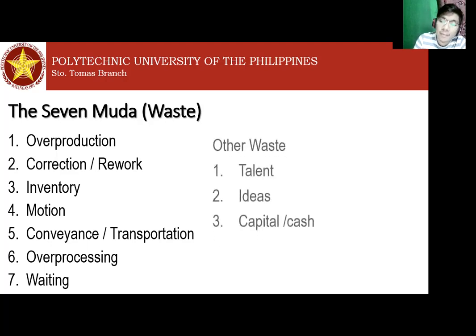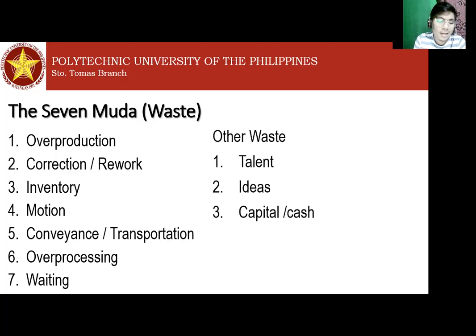But there are other ways na pwede tayo mag-focus. First, the talent. Kumbaga, our people have the talent or ideas na pwede natin gamitin but the company ay hindi na nagagamit o hindi natin napapakinabangan. Because sometimes nagkaaroon tayo ng maling allocation ng manpower based on sa job.